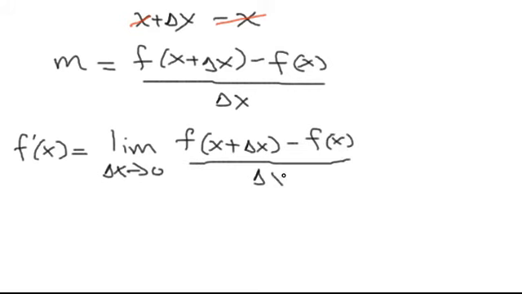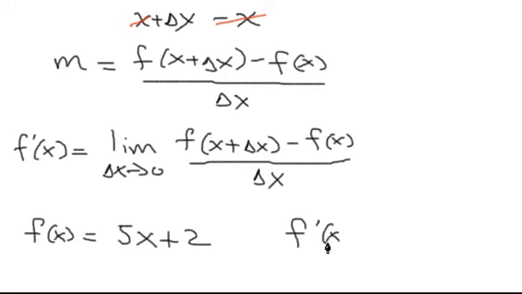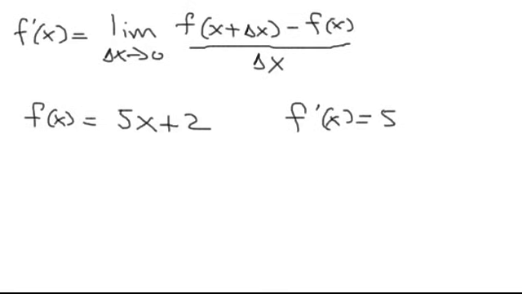Now let's go back to our original problem. If you remember right, the original problem was f of x equals 5x plus 2, and when we took the derivative of this using the limit, f prime of x was equal to 5. Now let me sketch out this graph right here. 5x plus 2 is going to look something like this.